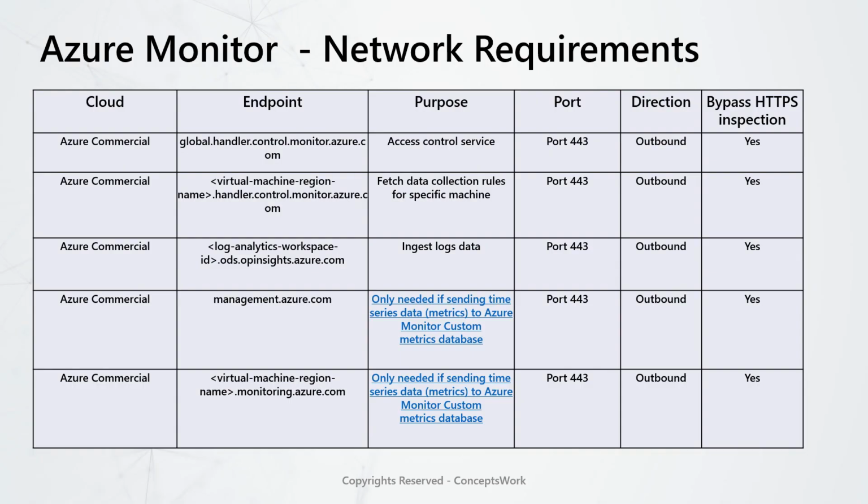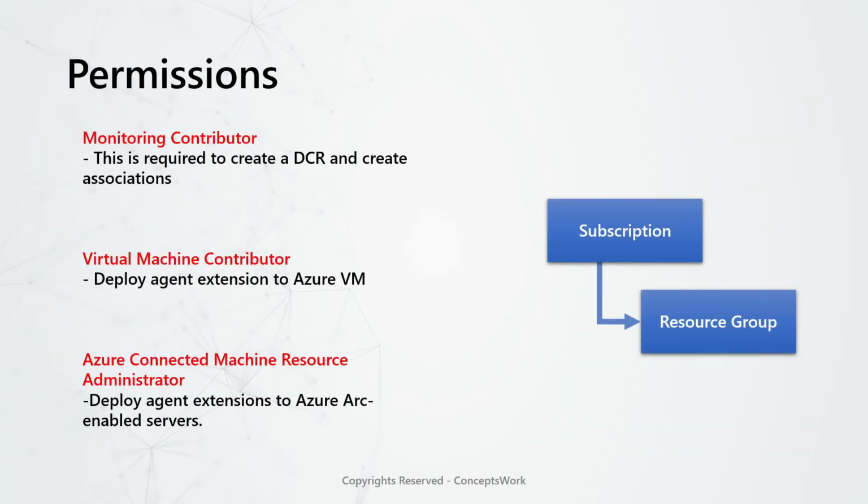Now, there are three different kinds of permissions which are required. The very first one is Monitoring Contributor, because this will help you to create a data collection rule and create associations. Then you need Virtual Machine Contributor, because this will help you to deploy the extension to the Azure VM. Whenever Azure Monitor Agent is deployed, it is always deployed in the form of extensions when it comes to Windows servers, and this role is required for that operation.